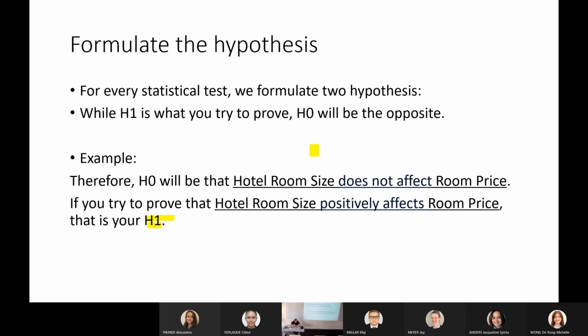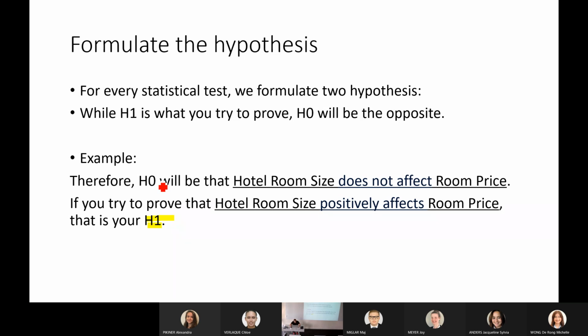If you reject the null hypothesis, what does it mean? That simply means that you have statistical proof that the alternative hypothesis is correct and that you can confirm your research. But if you cannot reject the null hypothesis, it means that you have failed to prove the alternative hypothesis.